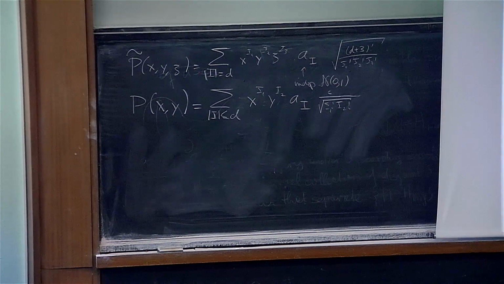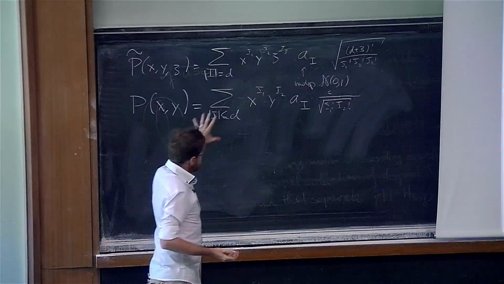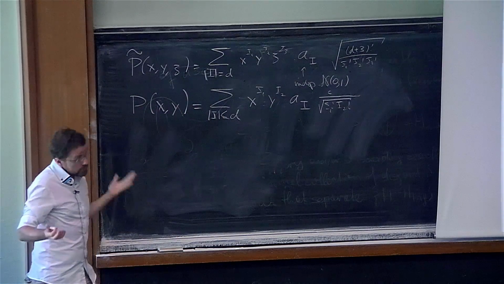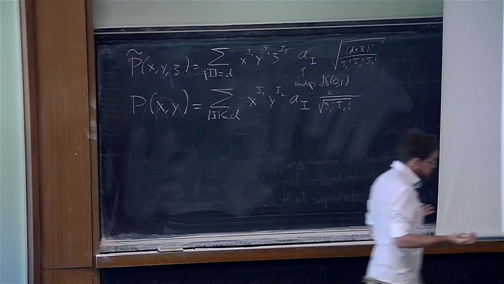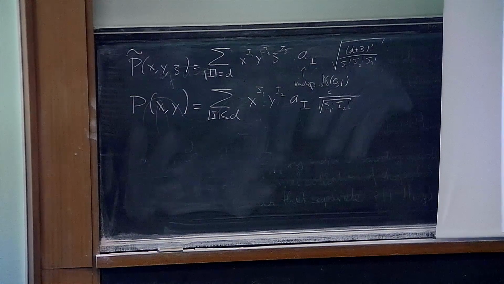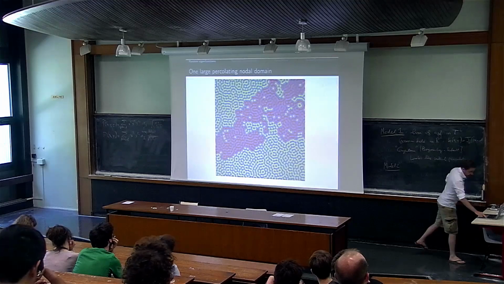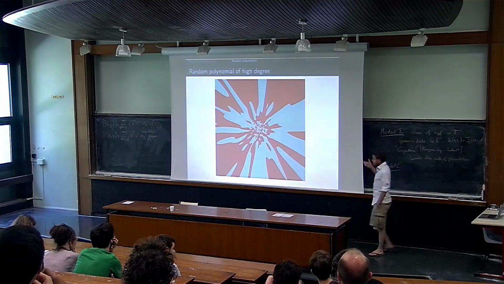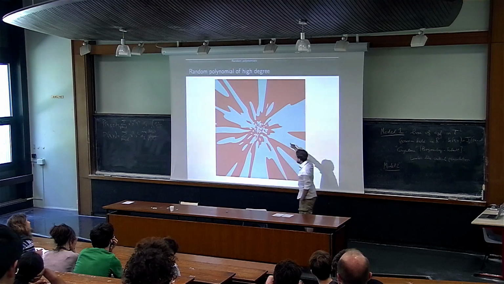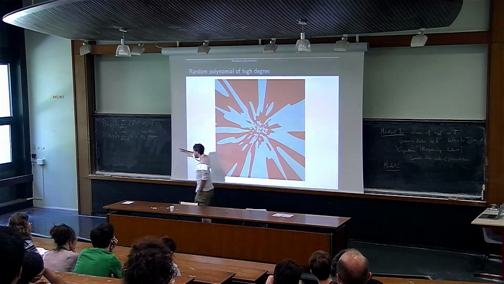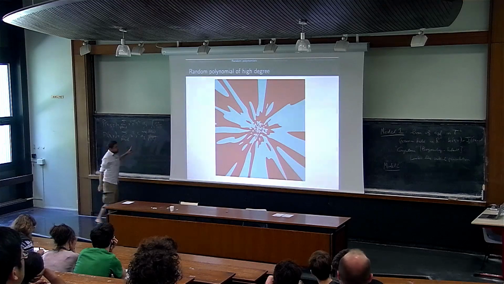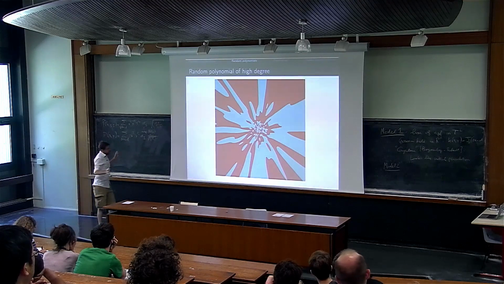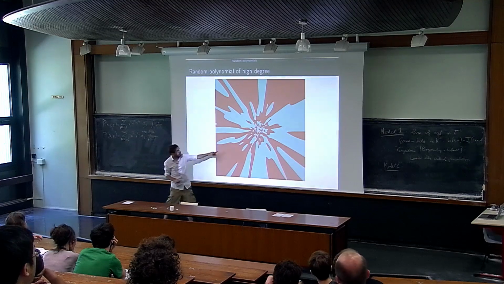And the question is, well, can you look at the structure of such a random polynomial in the plane, and can you say something about its structure? So if you just sample something like that, you find something like this. So this is a typical realization of a polynomial of this distribution. Here the degree is something like 50. And you see that, so again, you can look at the sign of the polynomial.